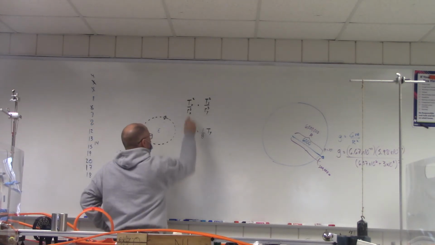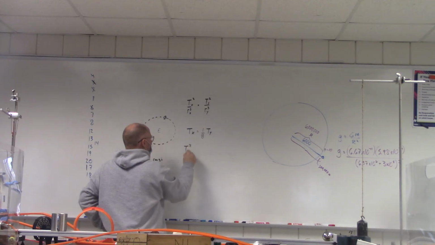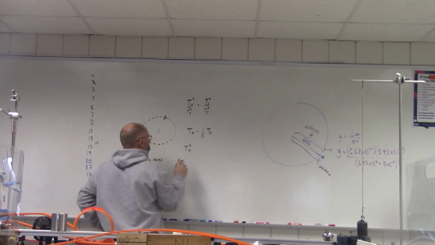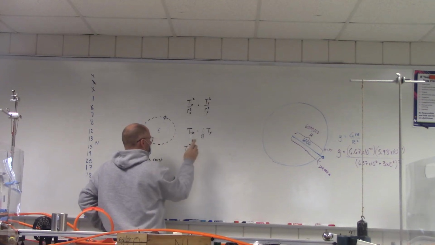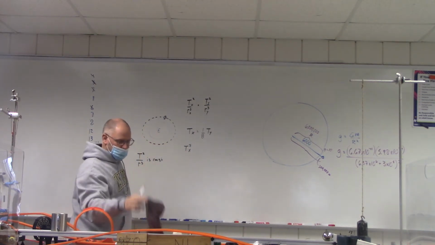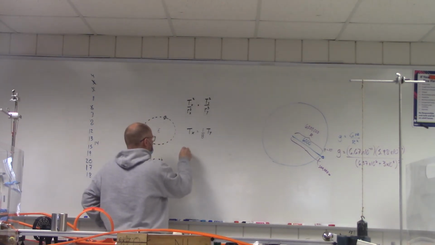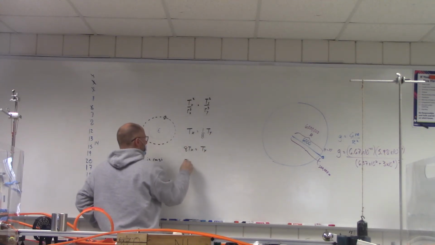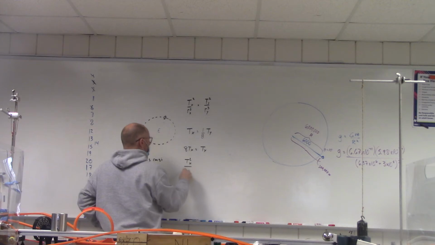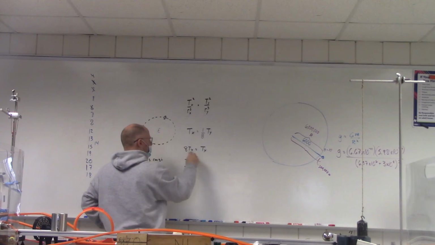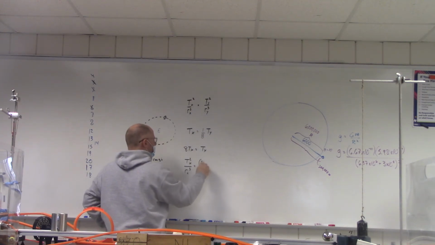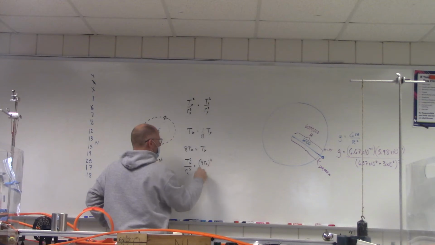So I know that T squared x, hold on, I'm going to get rid of the fraction. So 8Tx is equal to Ty. Okay, cool. So I have Tx squared over radius x cubed is equal to, I'm going to substitute this in, (8Tx) squared over radius y cubed.